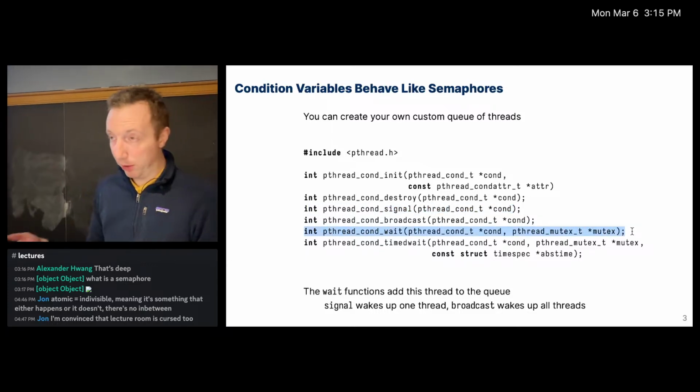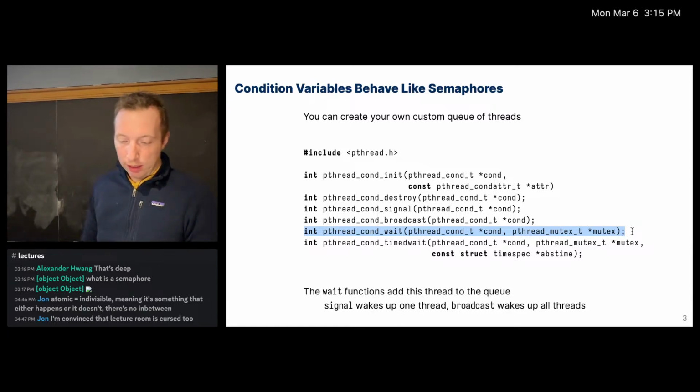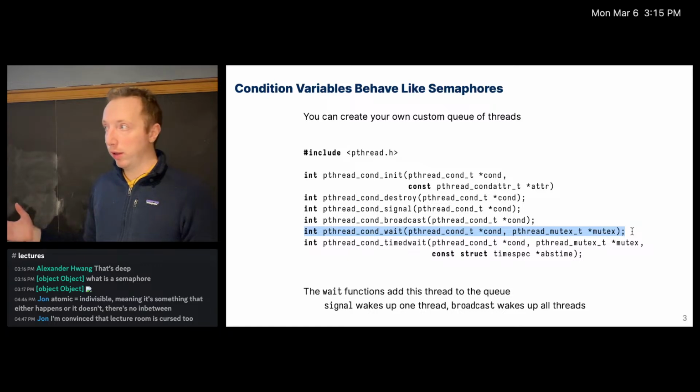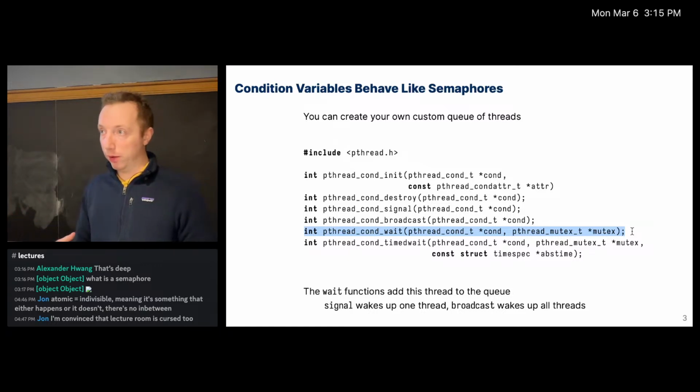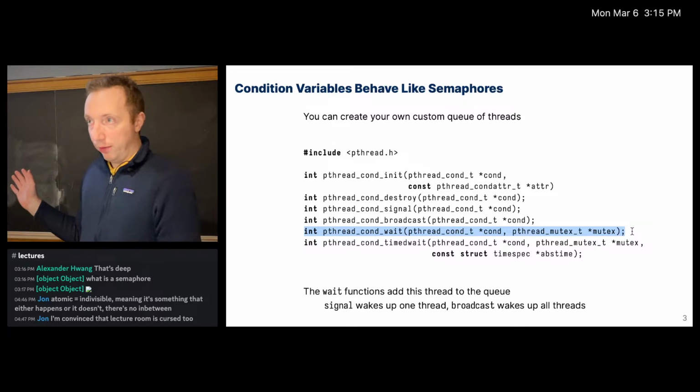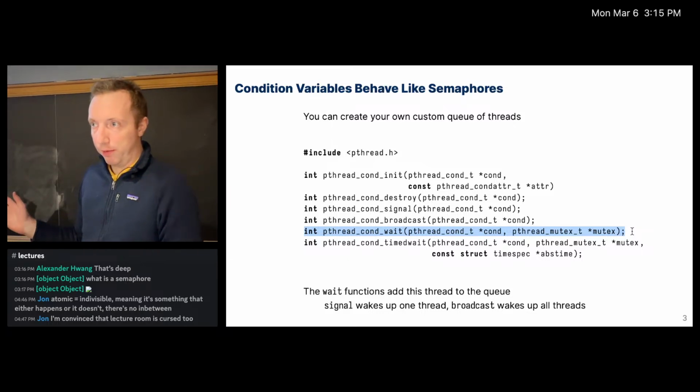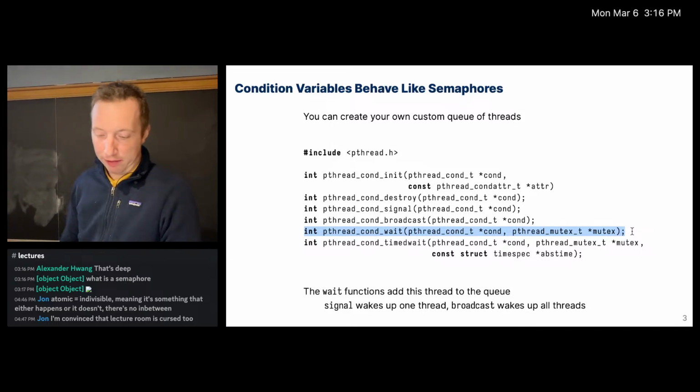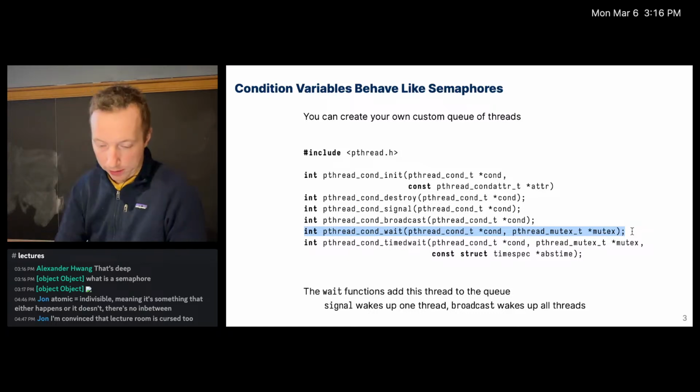You have to have a mutex paired with that queue, and what this function will do is put you in the queue atomically and then put you to sleep, and then another function can wake you up whenever the condition's true, and then you can continue going. There's also broadcast, which wakes up everything in the queue, but for the purposes of this course, we just have to talk about signal and wait.